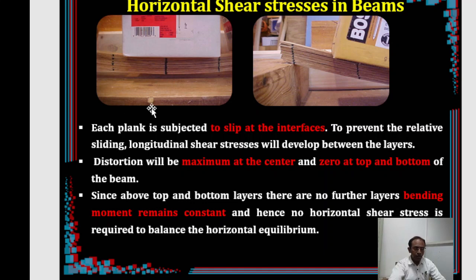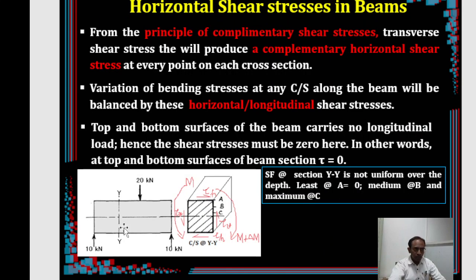Also, from the previous concept, when you move topwards, after all this development of the shear stress, it will balance the flexural stresses which are not balanced. This tau h, the horizontal shear stress, will try to balance those unbalanced stresses developed due to the excess bending moment, right?